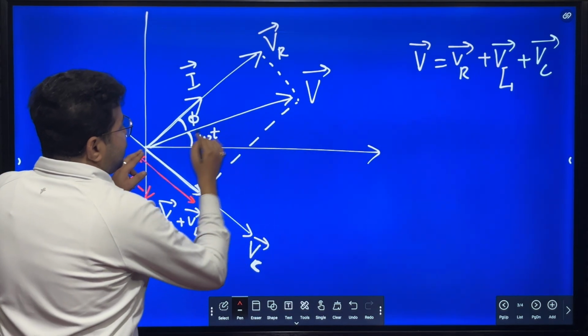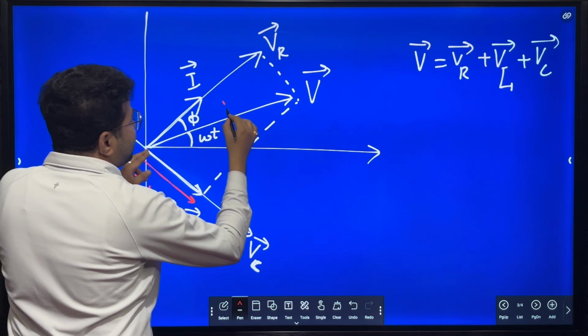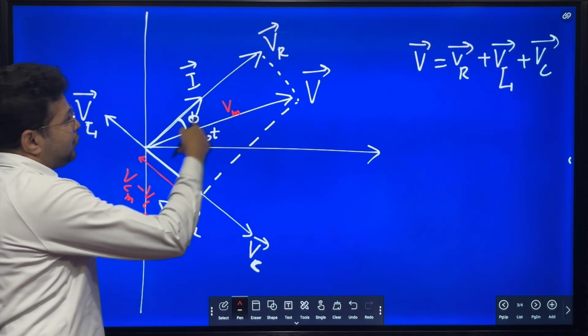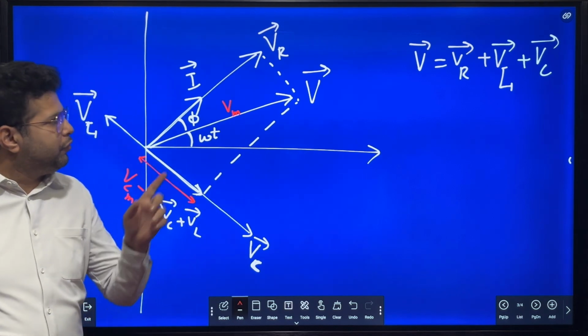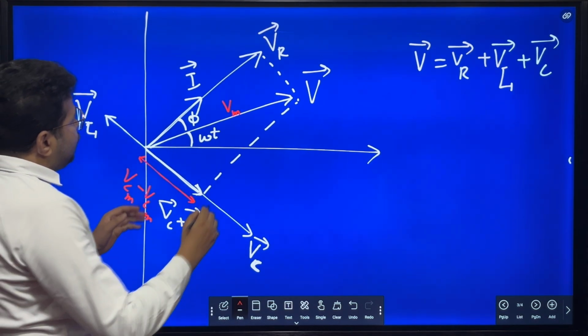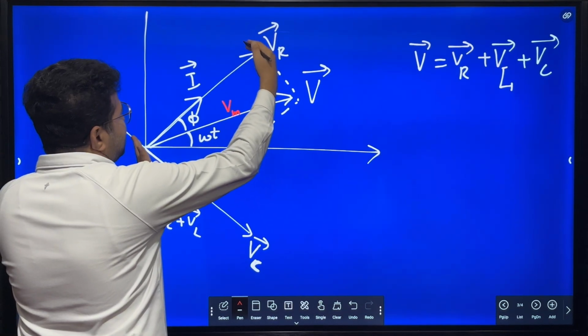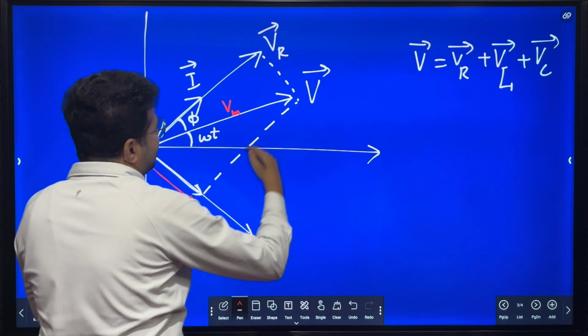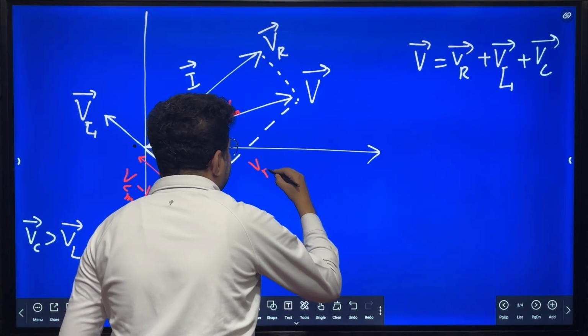What is the length of this phasor? The length of this phasor is equal to VM, the maximum value, because the length of the phasor gives its peak value. VM stands for maximum. Now what is the length of this? It is VRM. If the length of this is VRM, the length of this is also VRM.